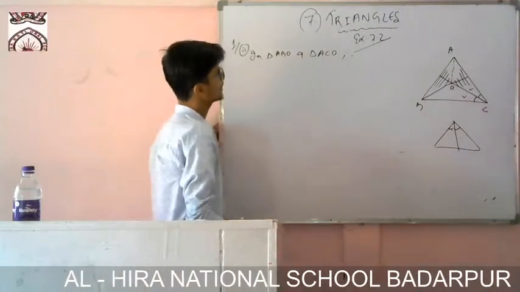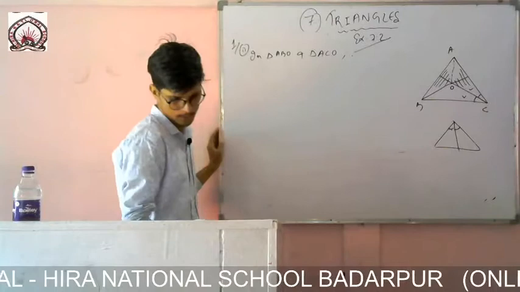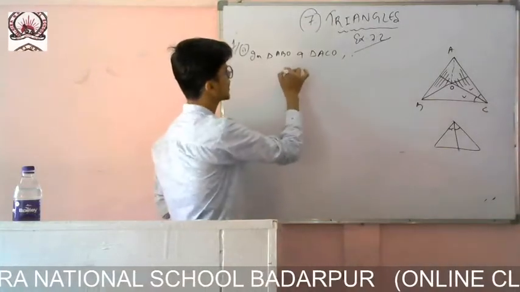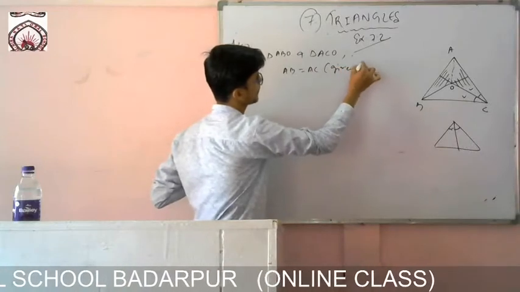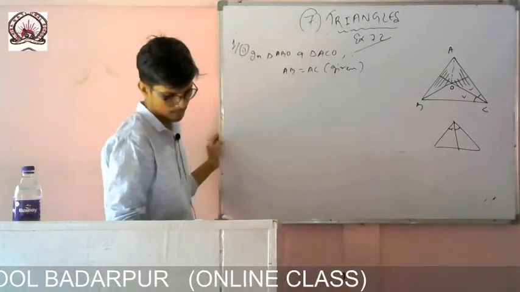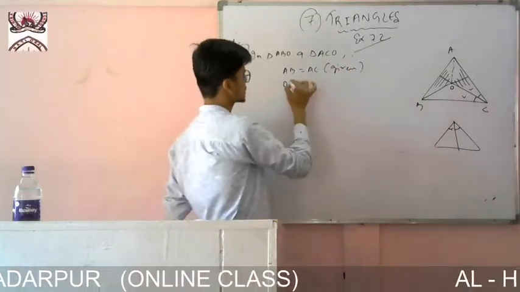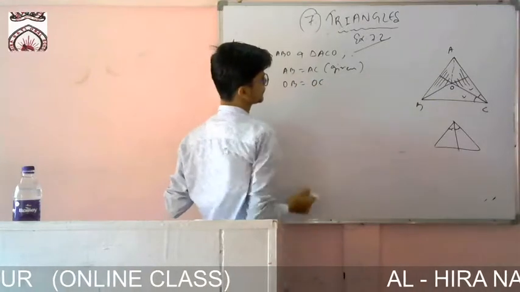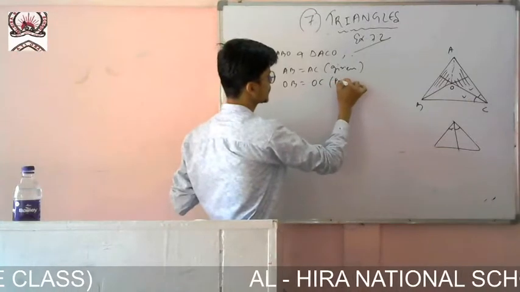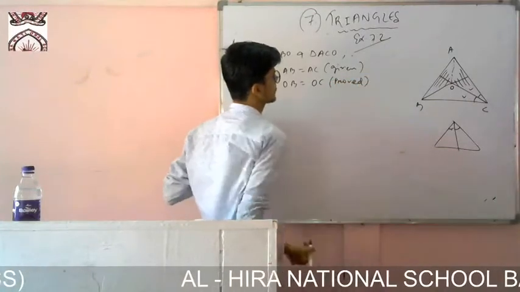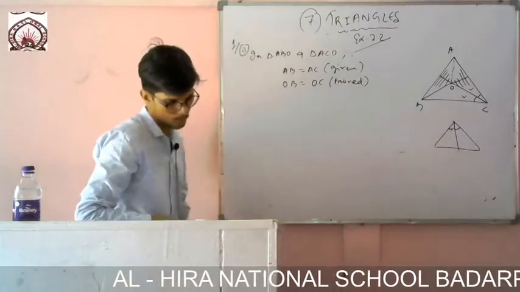So in triangles ABO and ACO, it is given in the question AB is equal to AC. The first one we have got as given. Then OB is equal to OC, which we have just proved.